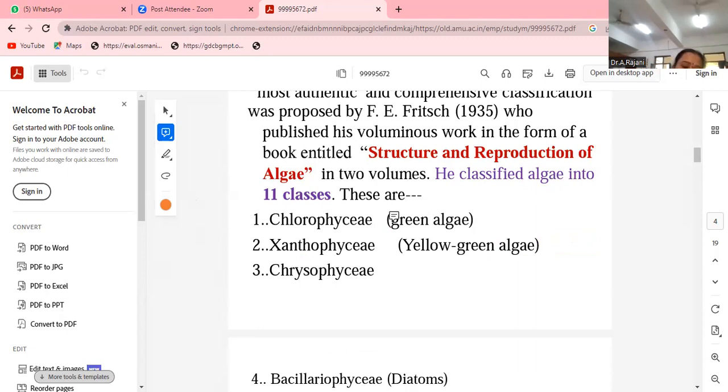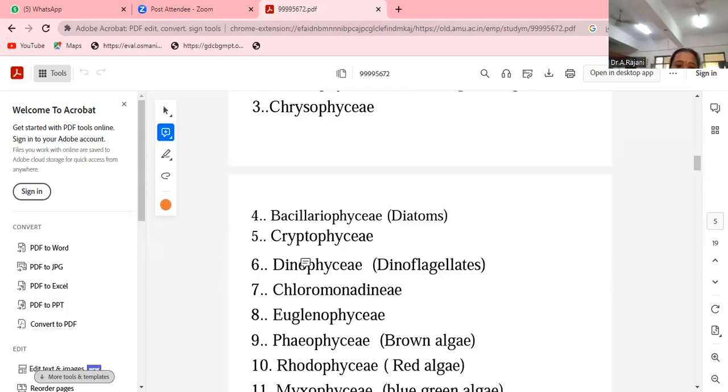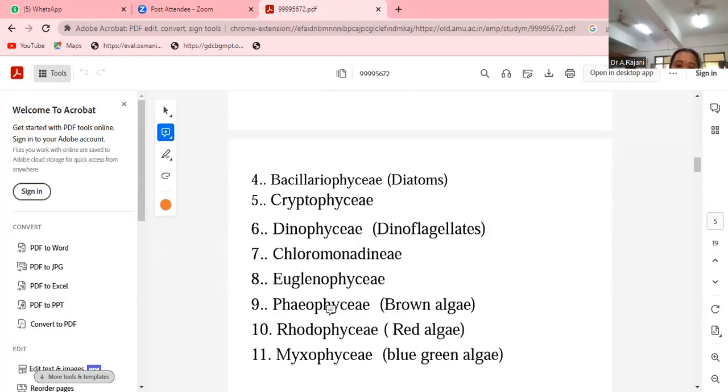What are the 11 classes? The first one, Chlorophyceae, is called green algae. Second, Xanthophyceae, yellow-green algae. Chrysophyceae. Bacillariophyceae is called diatoms. Cryptophyceae. Dinophyceae is the dinoflagellates. Chloromonadineae. Euglenophyceae. Phaeophyceae is the brown algae.